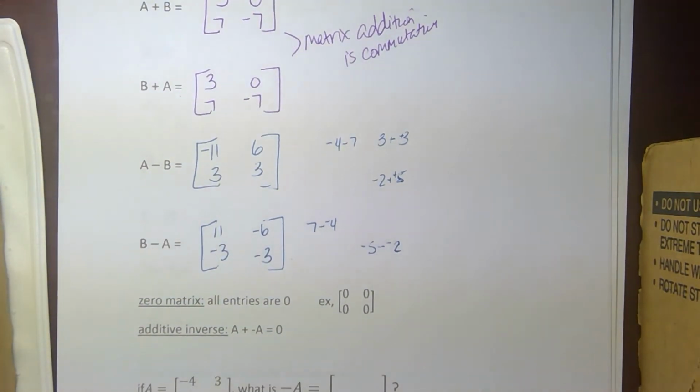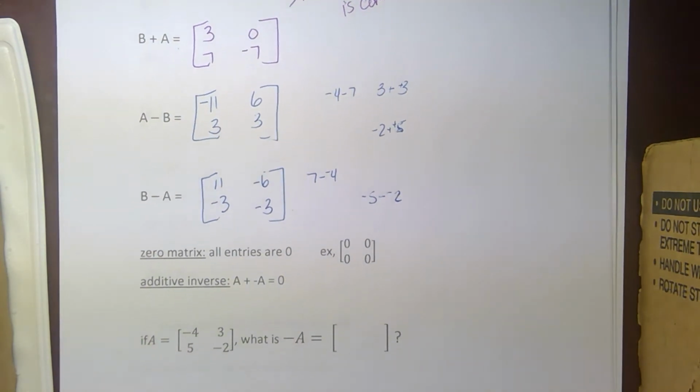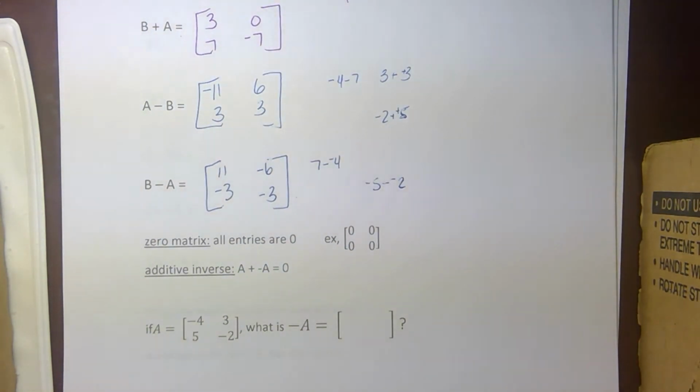Okay. Now, a couple more pieces of information that we're going to put to use. The zero matrix is a matrix where all entries are 0. This is a 2 by 2 square zero matrix. And then we have the additive inverse. I just mentioned my additive inverse.